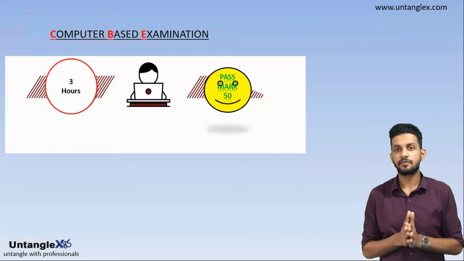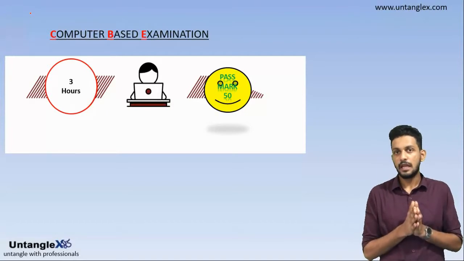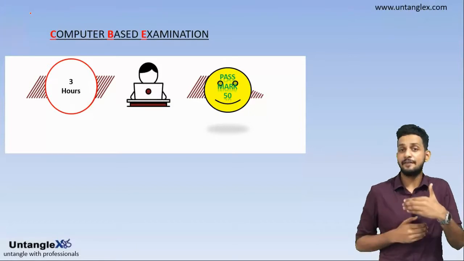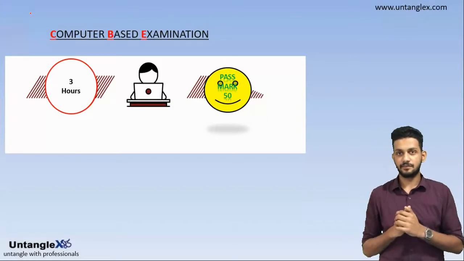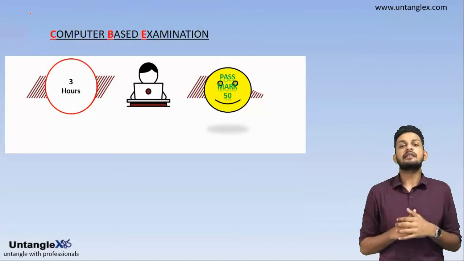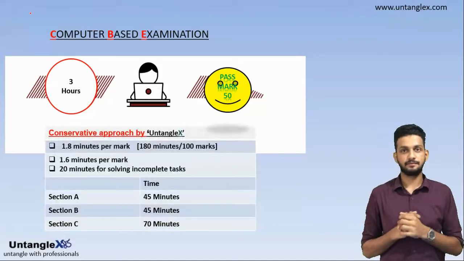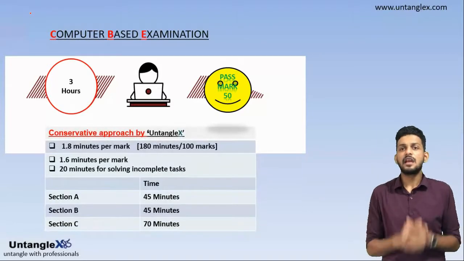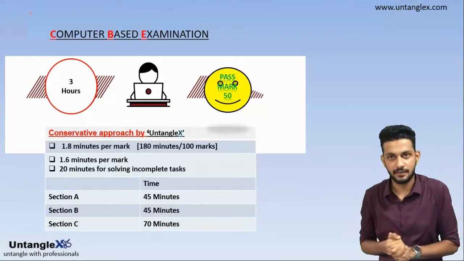As you can see, the exam time will be constrained here. Many students fail the FR examination because of poor exam strategy. For that reason, we are introducing a conservative approach to tackle your examination. As you can see, it is 1.8 minutes for 1 mark.